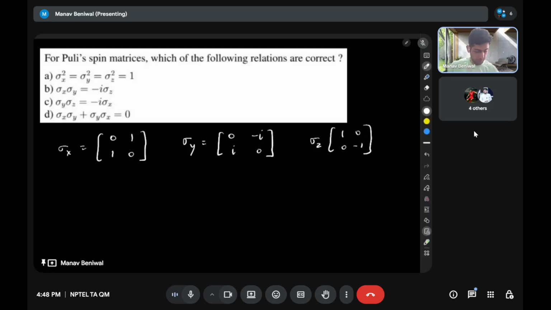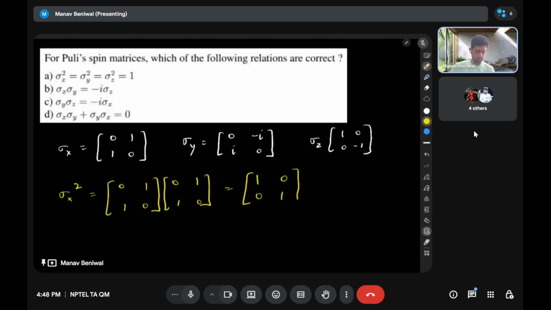So then let's spend some time and calculate all of them. What will be sigma x squared? This will be 0 1 1 0 multiplied by 0 1 1 0. So basically 0 times 0 plus 1 times 1 gives us 1, this will be 0, this will be 0, and this will be 1.